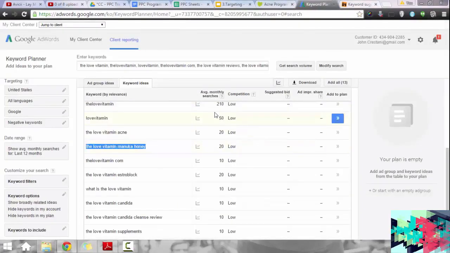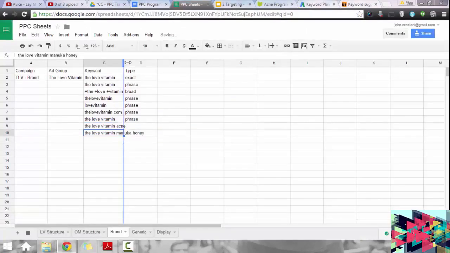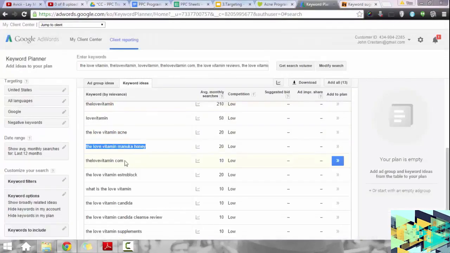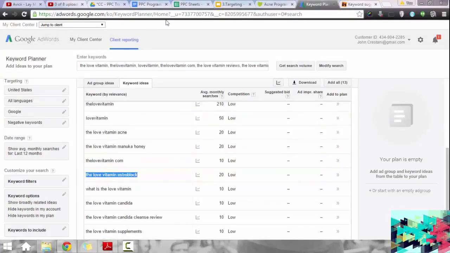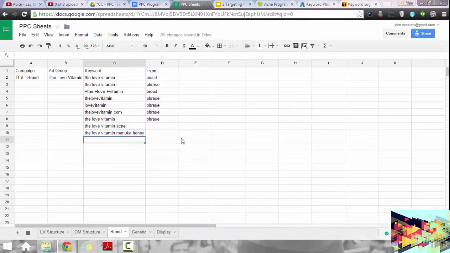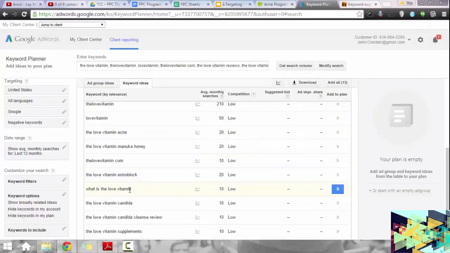Love vitamin manuka honey. Lovevitamin.com, we already got that. The love vitamin estro block. What is the love vitamin?